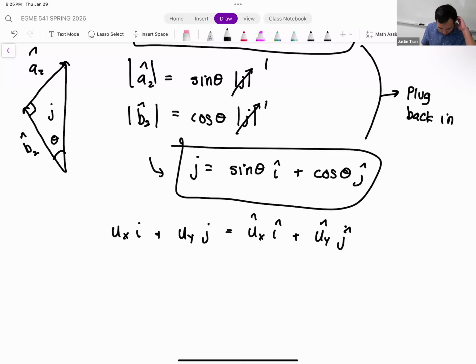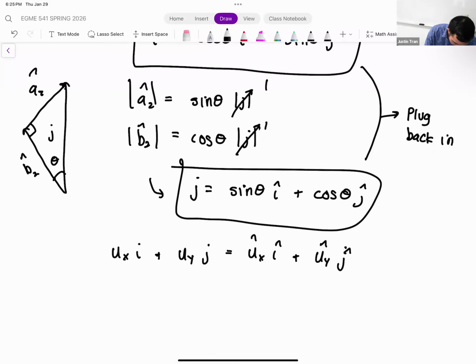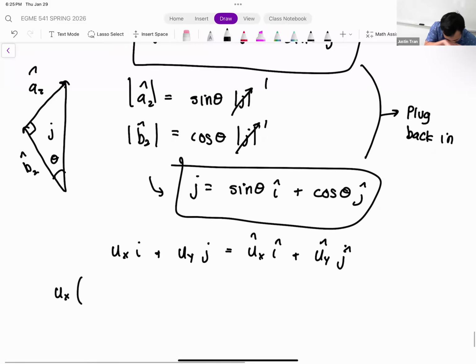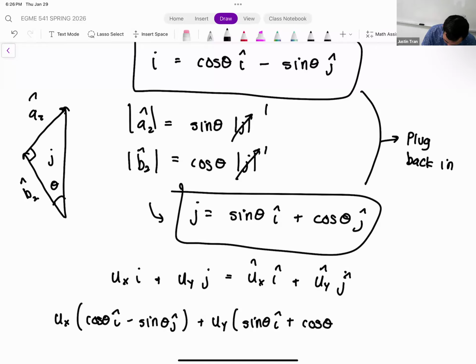Okay, so if we're going to plug in for I and j using these expressions, let's go ahead and do that. We plug in for I first, so that's ux times cosine theta I hat minus sine theta j hat, plus uy times, we plug in for j, sine theta I hat plus cosine theta j hat. This is equal to ux hat I hat plus uy hat j hat.